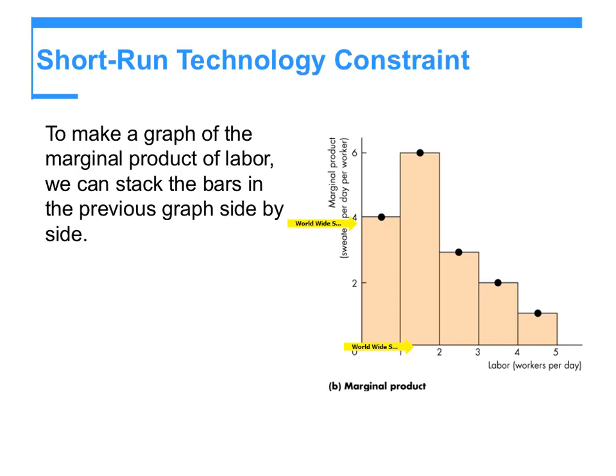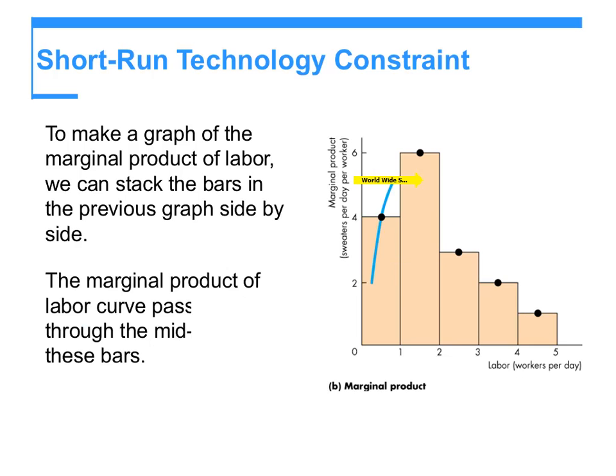For second, it went higher to 6. For third, it became even lower than the first one. For fourth, lower even. Fifth, lower even. So it means the marginal product will decrease as we are getting more labors after the second one. But from first to second one, it increases.